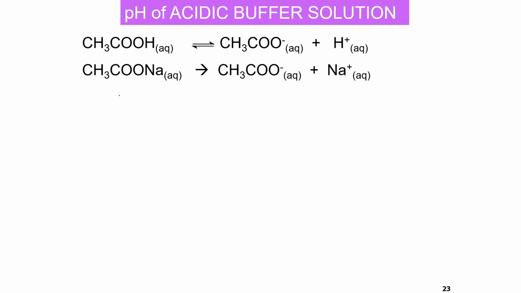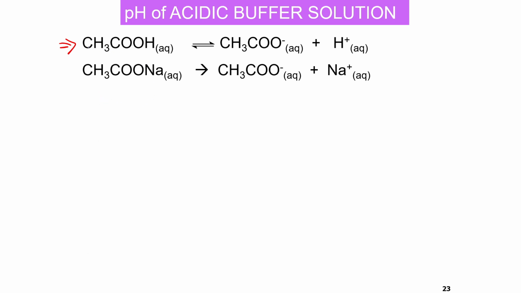Kedua-dua ini adalah content yang terdapat di dalam buffer solution. Okay, so our acidic buffer solution. Alright, so in acidic buffer solution, bila kita ada equation, so we take this equation untuk kita write the buffer solution punya equation.